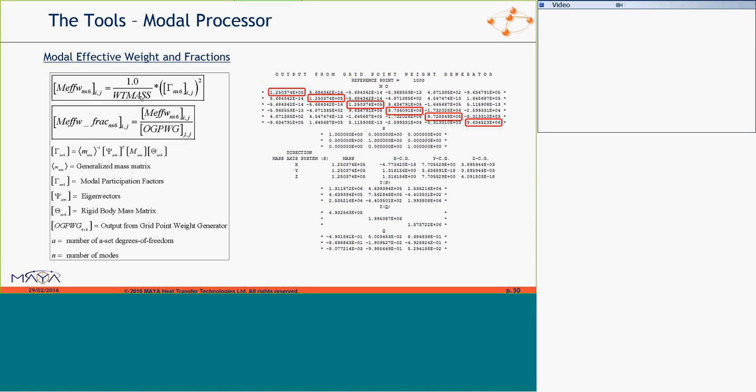So, for example, you can define pound mass rather than pound seconds squared per inch. The grid point weight generator shows you the weight, not mass. So if you have a weight mass, it's accounted for in this table.